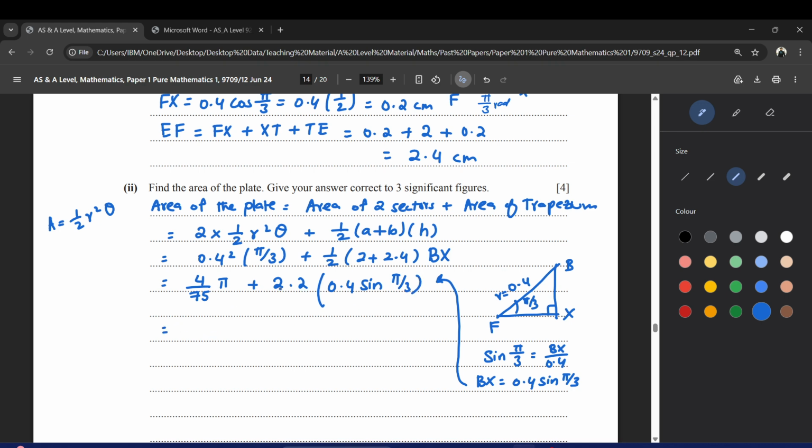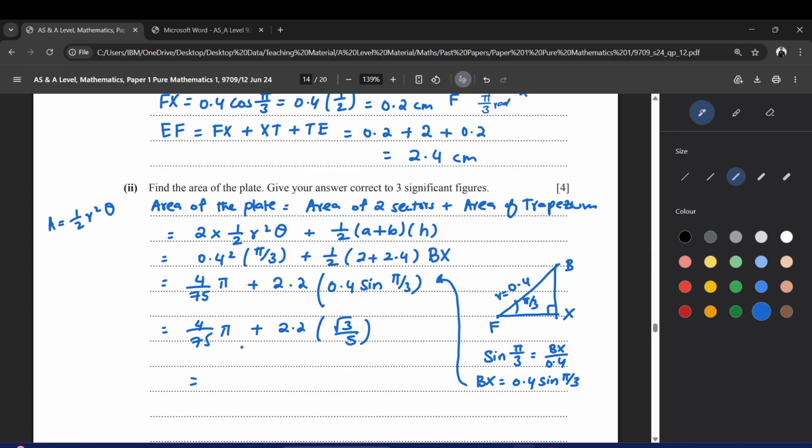All right. Now you can plug all of this in your calculator, or maybe we can just do one more step before we do that. So 4 over 75 pi plus 2.2 times 0.4 multiplied by sine pi upon 3. So that gives us root 3 upon 5. Now we can plug all of this in our calculator. So we have 4 upon 75 pi plus 2.2 times root 3 upon 5.